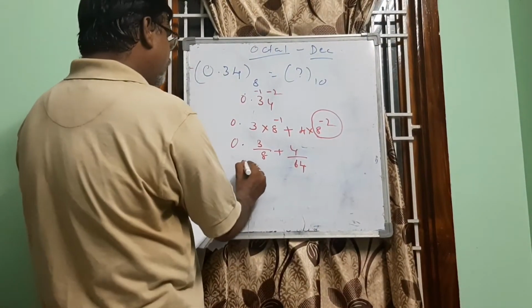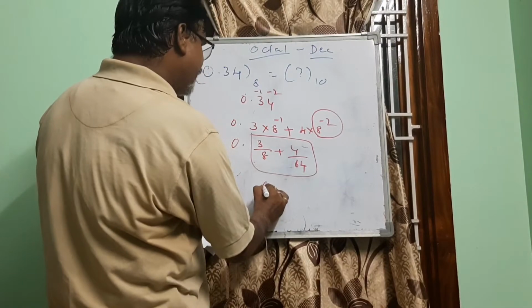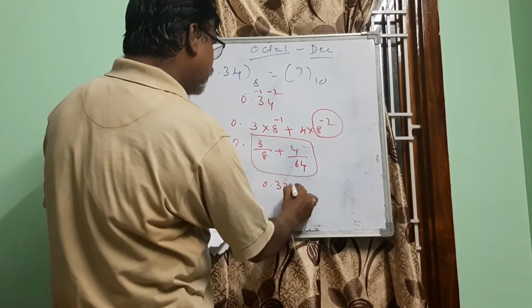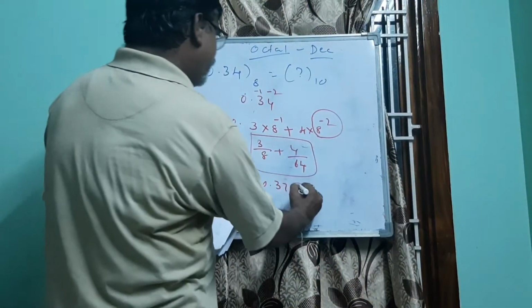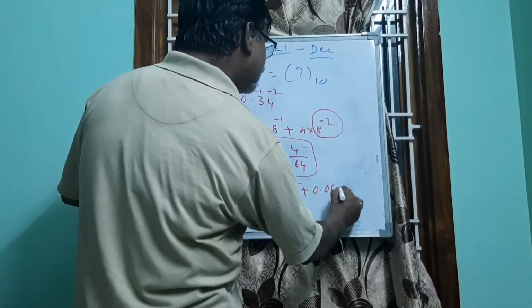So this part of the calculation we will consider now. 3 by 8 is 0.375 plus 4 by 64 is 0.0625.